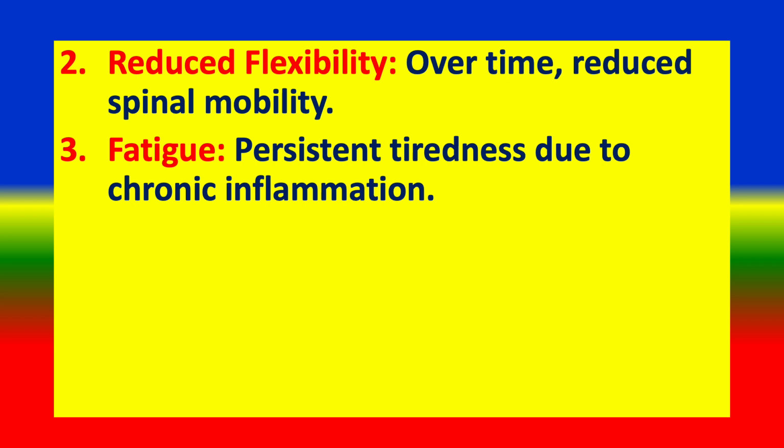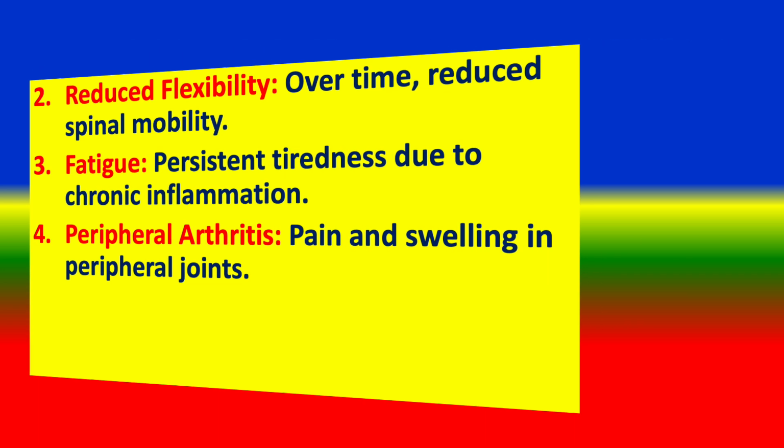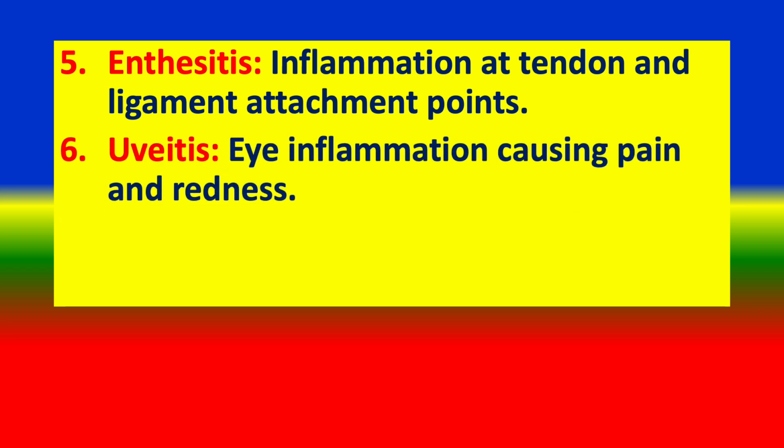Persistent tiredness due to chronic inflammation. 4. Peripheral arthritis. Pain and swelling in peripheral joints. 5. Enthesitis. Inflammation at tendon and ligament attachment points. 6. Uveitis. Eye inflammation causing pain and redness.